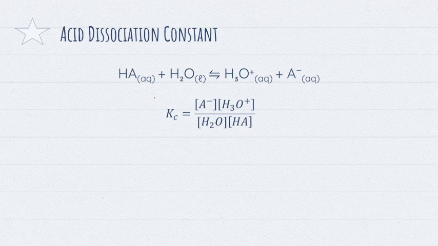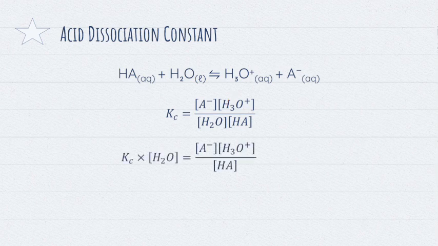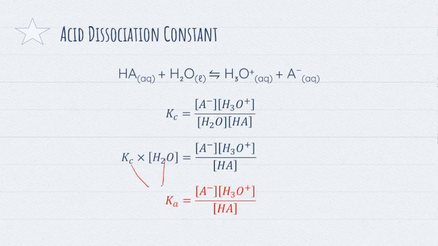Once more, we know that the H2O concentration is going to remain relatively constant at 55.6 because the dissociation is going to be negligible compared to the value 55.6. That's why we treat it as a constant, and we can combine two constants together, namely Kc and H2O, to get Ka. And this is the equation for the acid dissociation constant Ka, units important, mole per dm3.